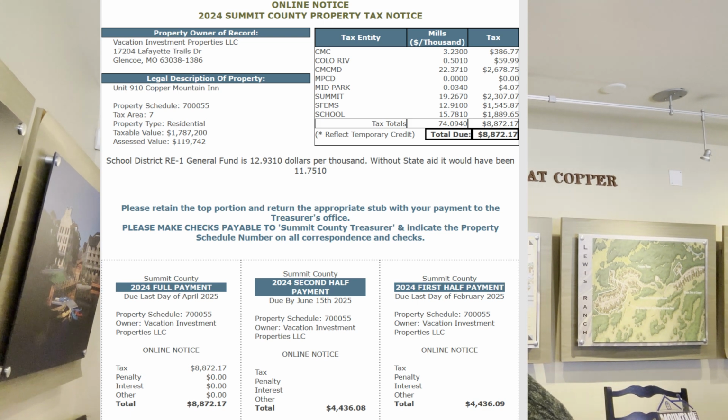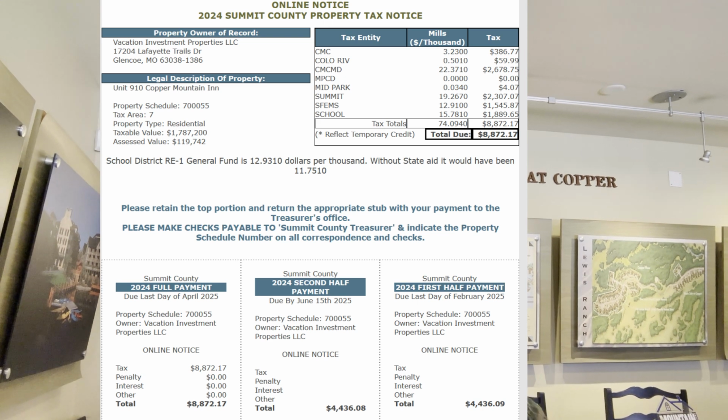You have the different tax entities that fall within your tax area and the mill levies that are associated with them. So in this one in particular, Colorado Mountain College, Colorado River Conservation District, Copper Mountain Consolidated Metropolitan District, Middle Park Conservation District, Middle Park River District, Summit County has a 19.267 mill levy this year, Summit Fire and EMS, and Summit School District.